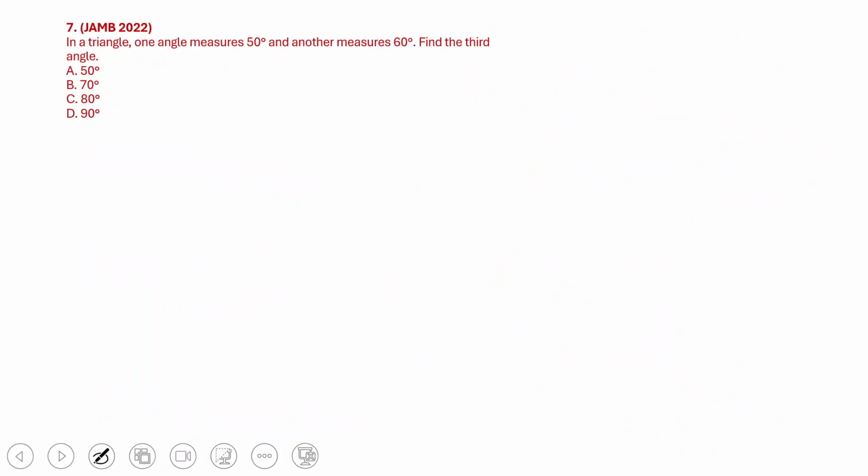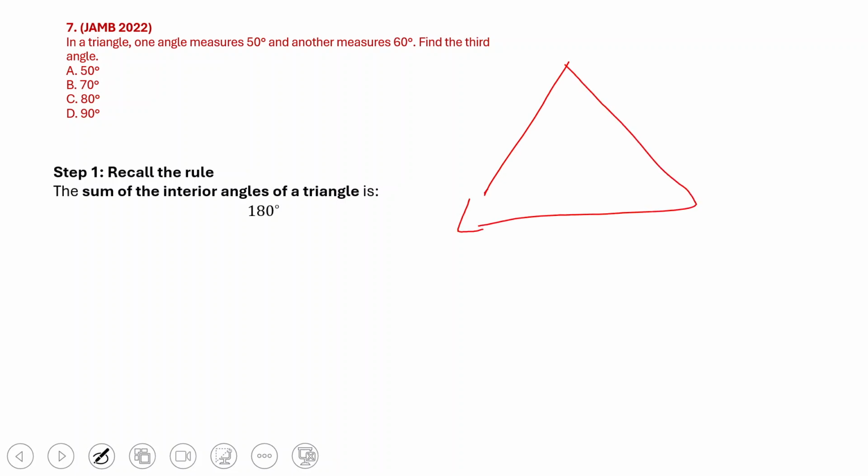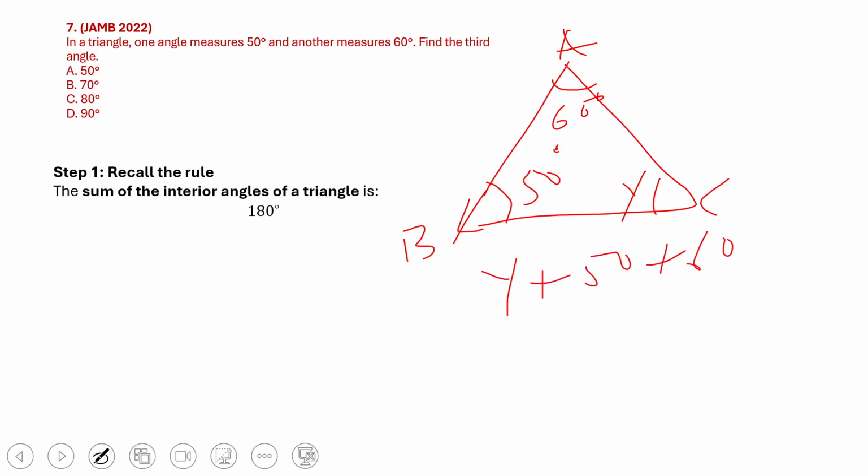So this is number 7, and it's JAMB 2022. It says in a triangle, one angle measures 50 degrees and another measures 60 degrees, find the third. This is actually very simple. Recall that the sum of the interior angles in a triangle is 180. If I draw the triangle like this and label the vertices A, B, and C, and I'm told that one is 50 degrees, another is 60 degrees, and the third is what we're looking for, then y plus 50 degrees plus 60 degrees is equal to 180.